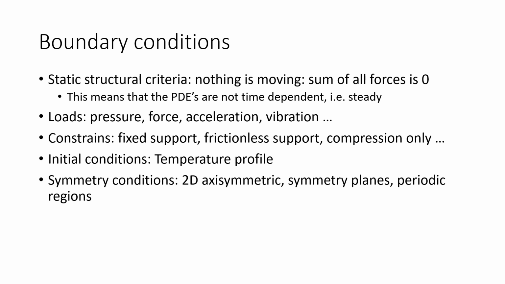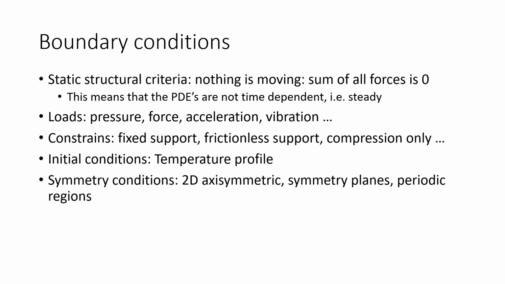It means that nothing is moving, so the sum of all forces is zero. Basically, if we define a pressure, force, acceleration, vibration, or random vibrations, we need to constrain our system in a way that it will not move. As constraints, we can use fixed support, frictionless support, and so on, but we will talk about this when we use the software.